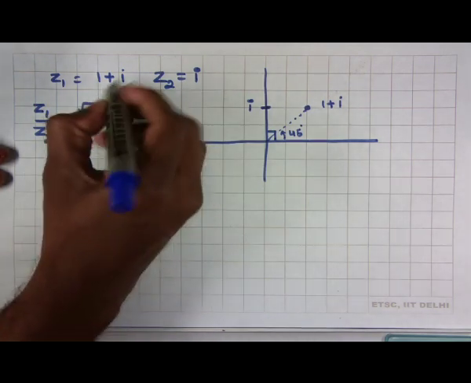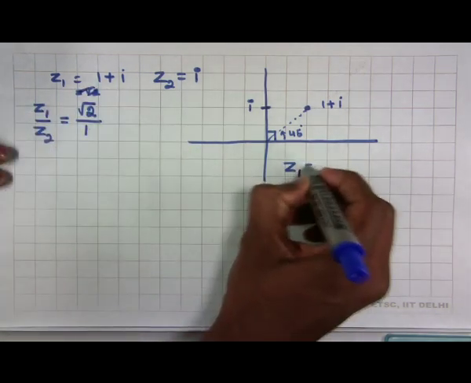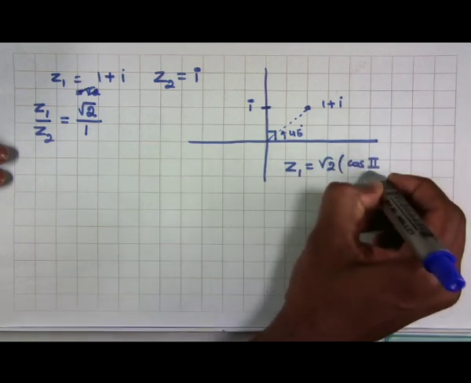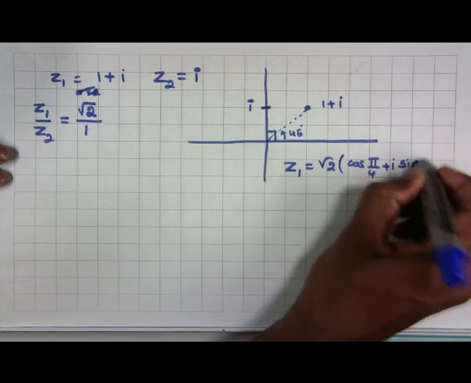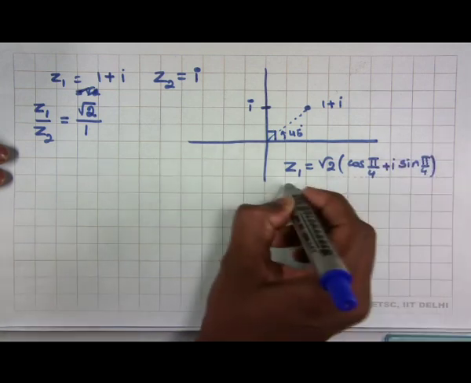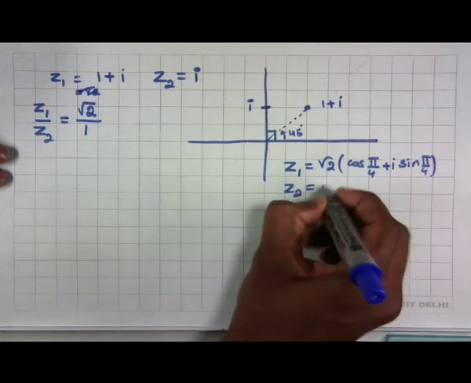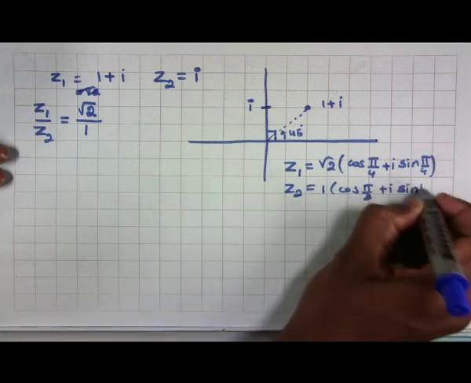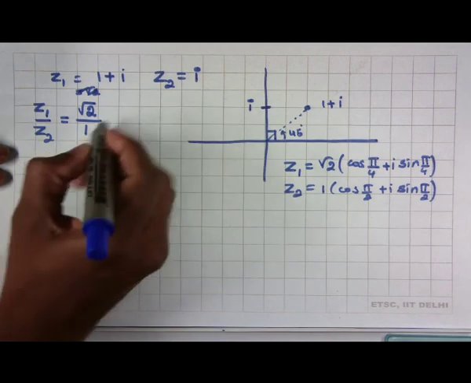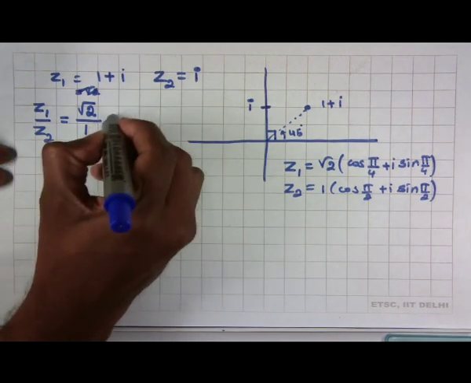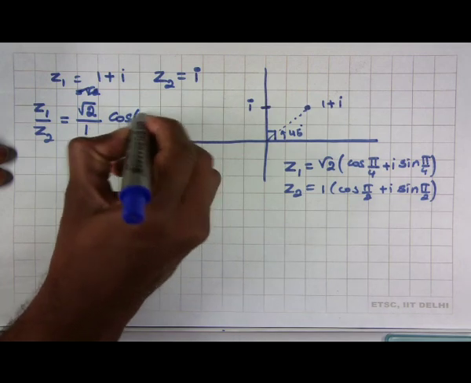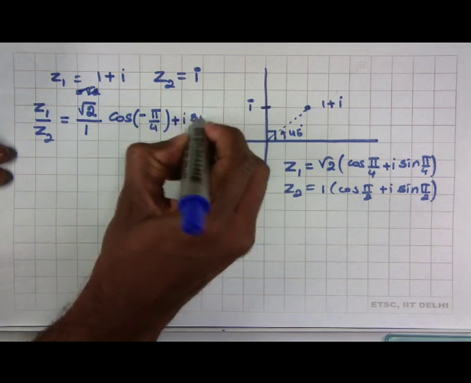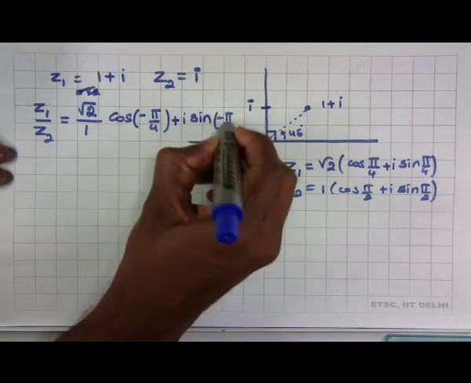So first of all, let us write in the polar form. z1 is root 2 cos pi by 4 plus I sin pi by 4, and z2 has modulus 1 and is cos pi by 2 plus I sin pi by 2. Now, for the division we need to subtract the angle. So, this gives us cos minus pi by 4 plus I sin minus pi by 4.